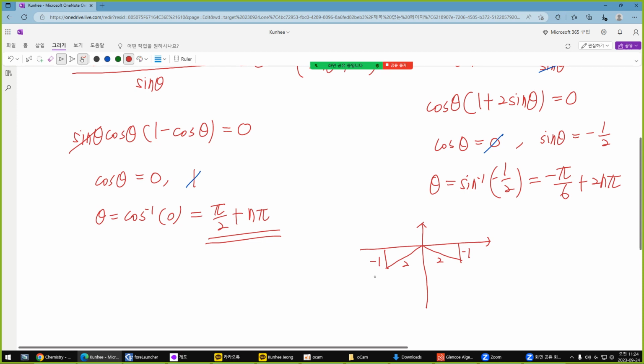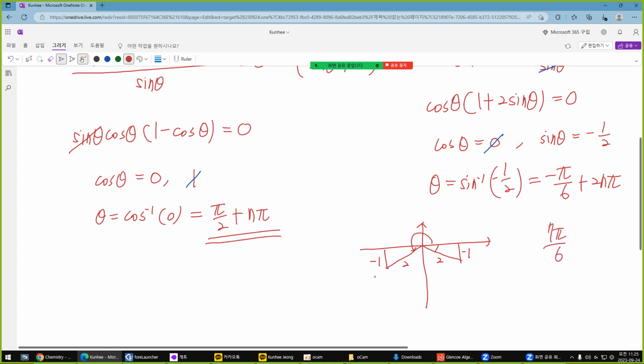So this minus pi over 6 means this angle is minus pi over 6. But there is another triangle like this. This angle indicates the pi plus pi over 6. So pi plus pi over 6 means 7 pi over 6.